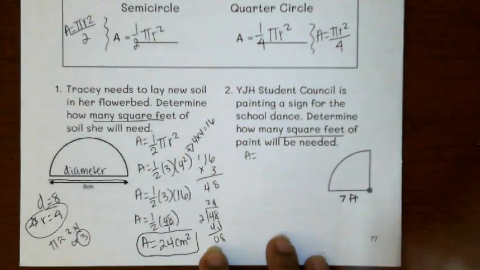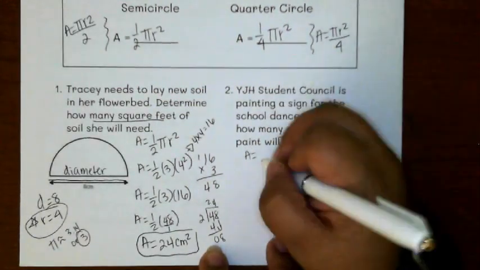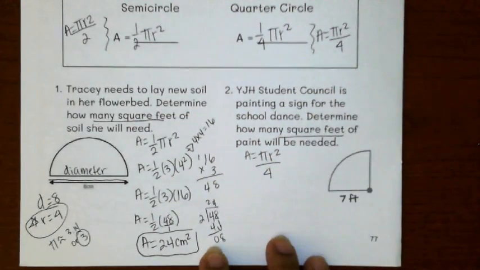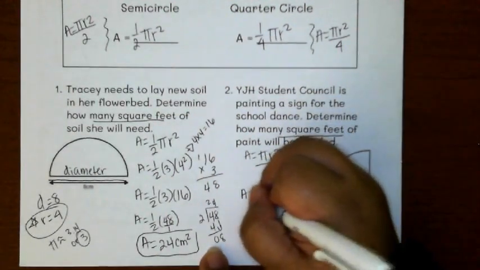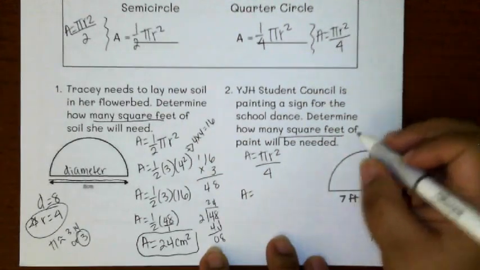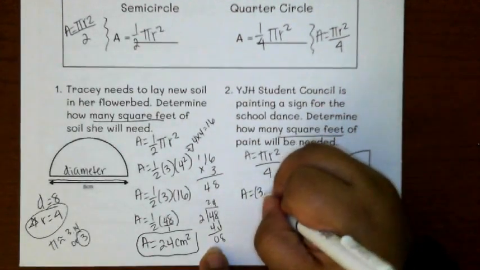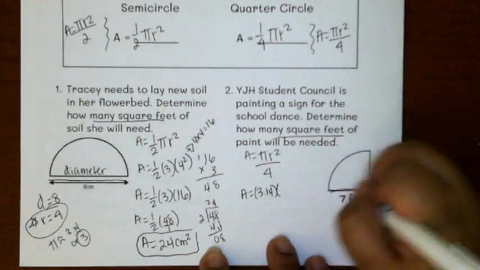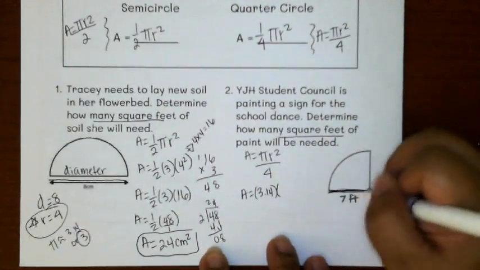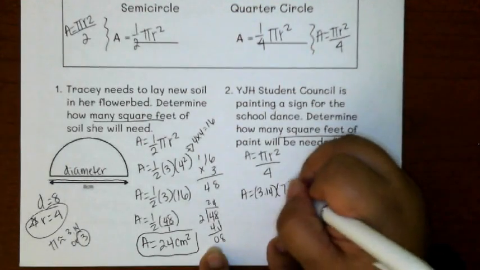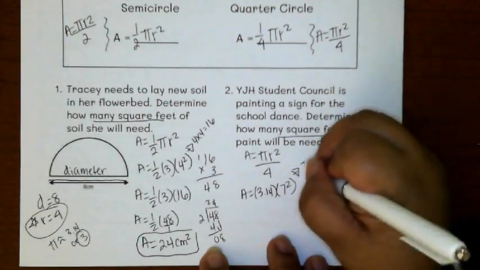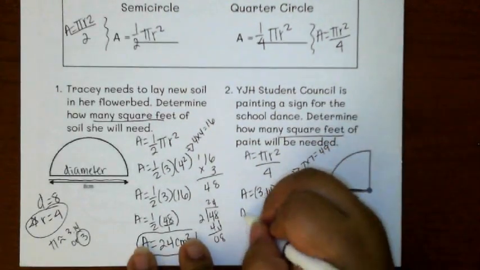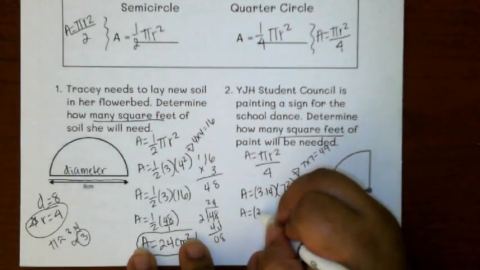over 4. Okay, so area is equal to pi, which we said we're going to use 3.14 for this one, times radius. Radius on a quarter circle is going to be the flat side, so times 7 squared. Now I know that 7 squared is really 7 times 7, which is 49. Now here I have A is equal to 3.14 times 49. Okay, 3.14 times 49.